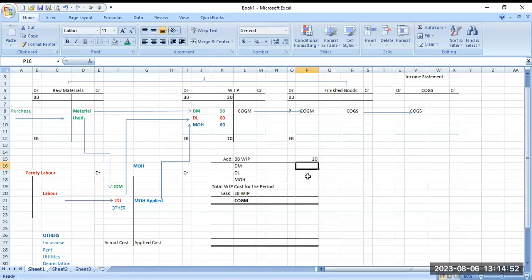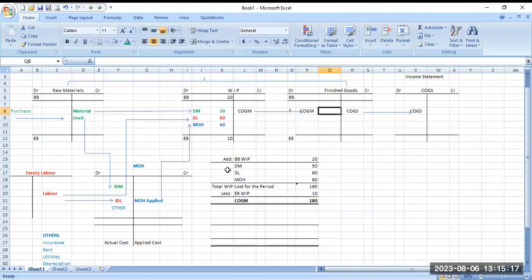Then we're going to add the direct material, direct labor, manufacturing overhead, all those three. Once we add all together, it's going to give us 190. What do we have to do? We have to deduct the ending balance. So our formula will be this one, 190 minus that one. 180 is our cost of goods manufactured.